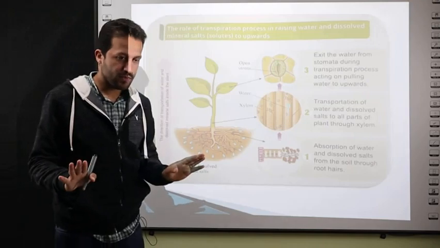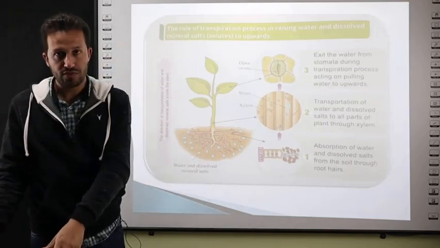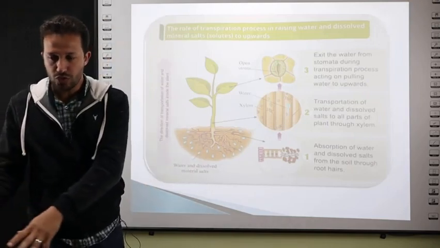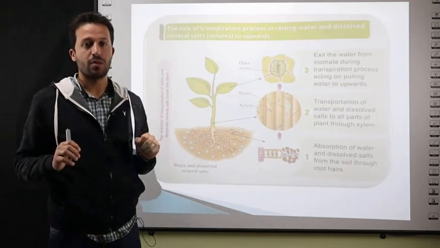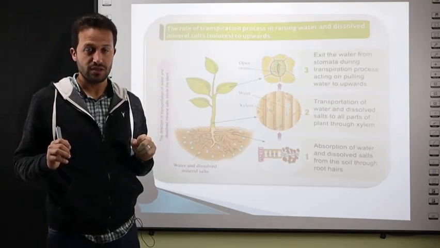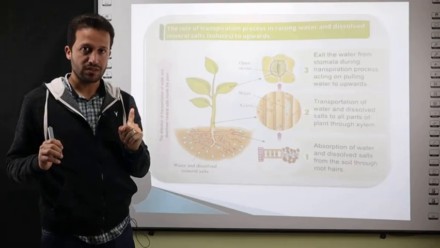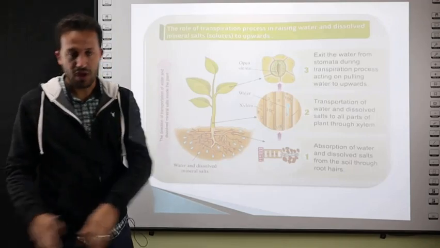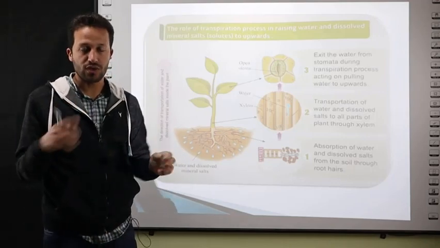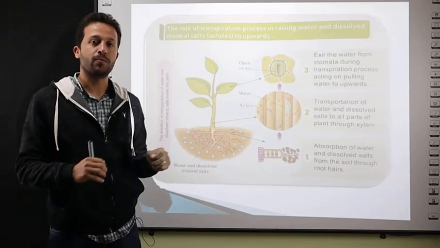We said that the root hairs of the root will absorb water and mineral salts from the soil. The water will be absorbed by osmosis, and salts will be absorbed by selective permeability.